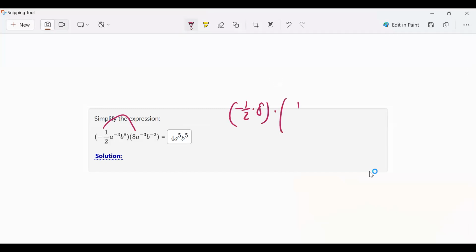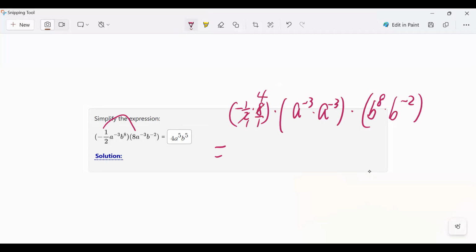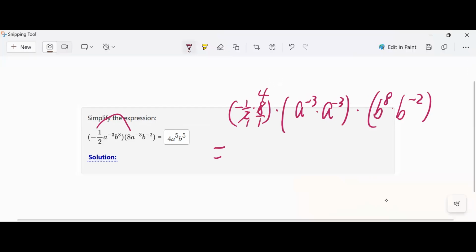Times a to negative 3 times a to negative 3, the second exponent. Then b to the a and then b to the negative second on the third. Negative half times 8 becomes 2 going into 8 4 times. 4 over 1 is 4, so it's negative 4.